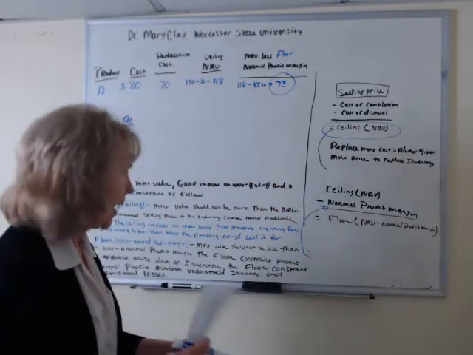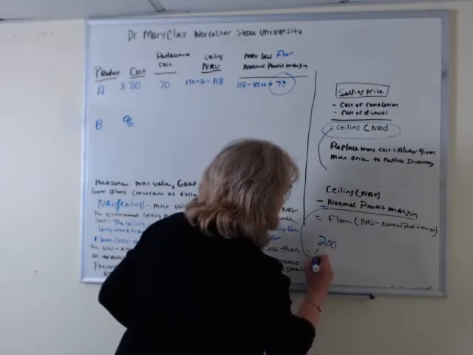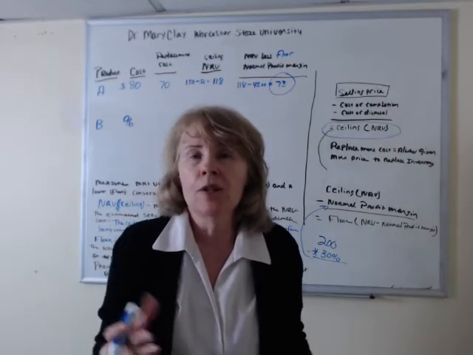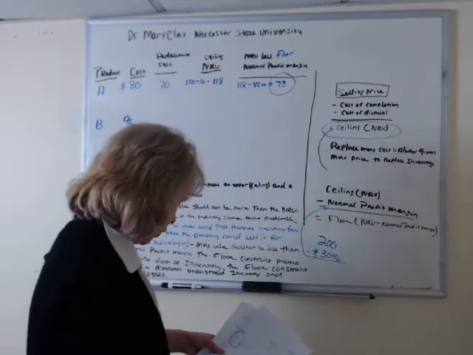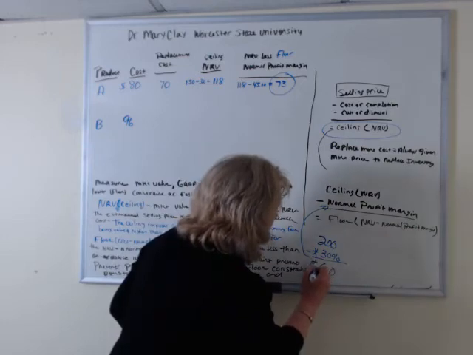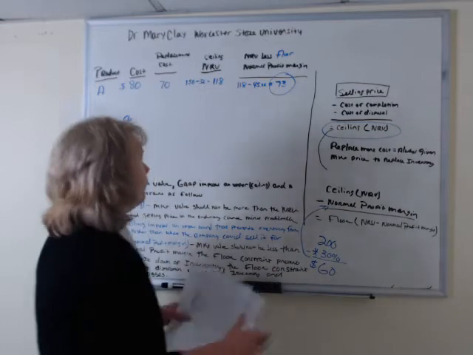So I'm going to take 200 and multiply it by 30%. What am I figuring out? I'm figuring out the normal profit margin. This particular problem, they didn't give it to us. So I take 200 times 30%, and that gives me $60. I'm going to use that later on. That's my normal profit margin.